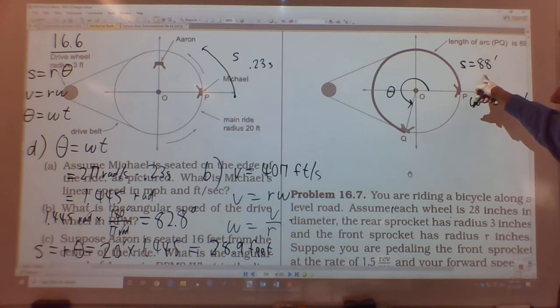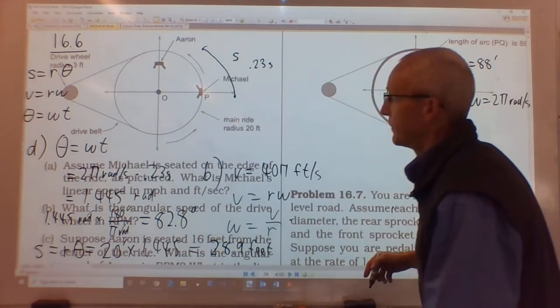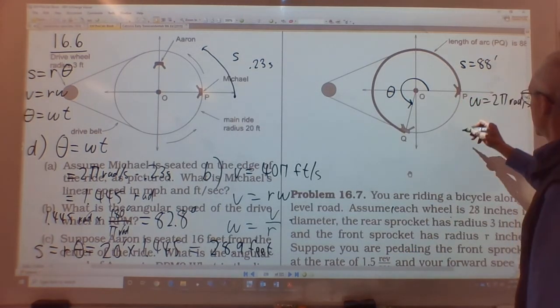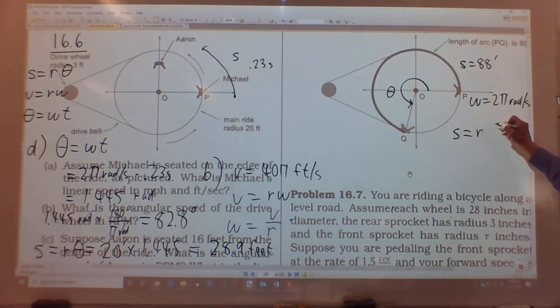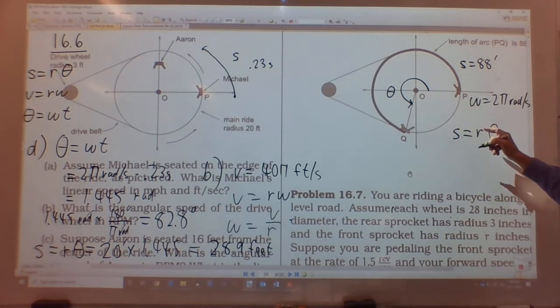We know the arc length. Oh, so we can figure out theta from this formula. So S is equal to r theta. So the radius is 20 feet.